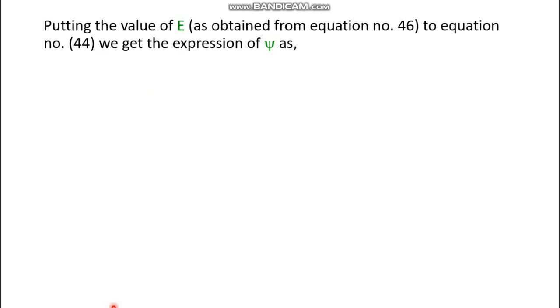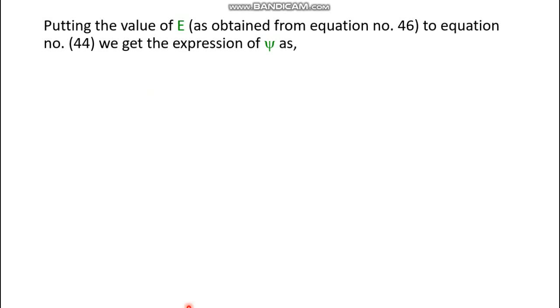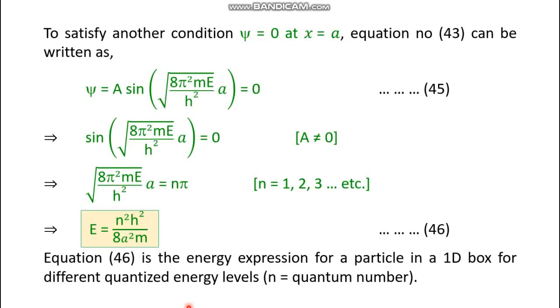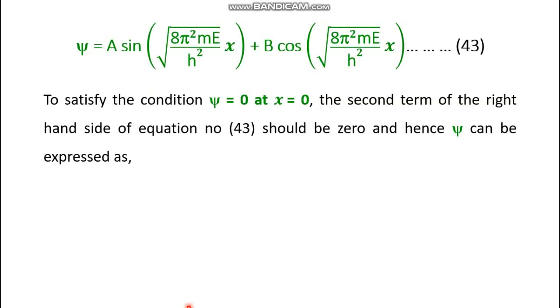Now putting the value of E as obtained from equation number 46, which is n square h square by 8 a square m, we have to put this value in equation number 44. Just put the value of E here.